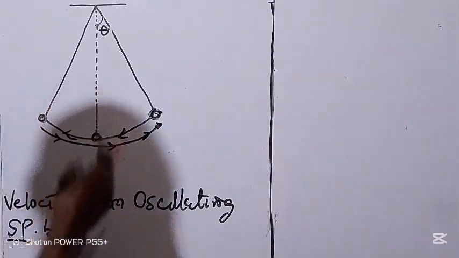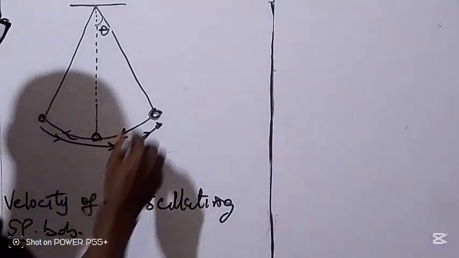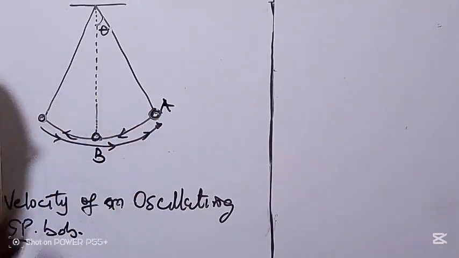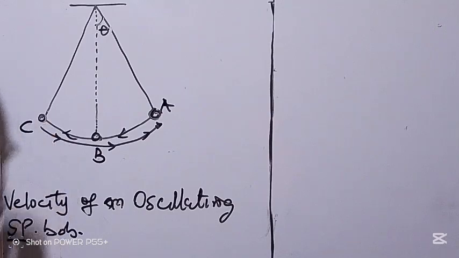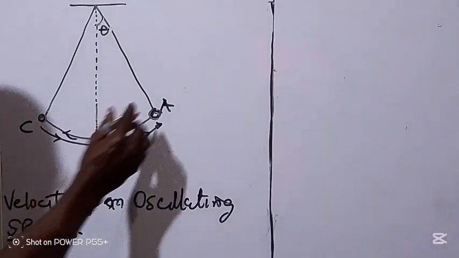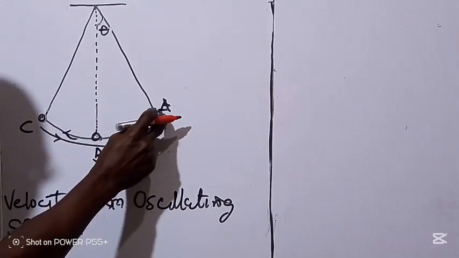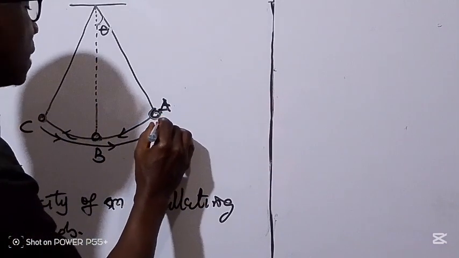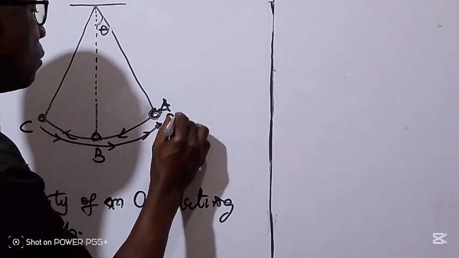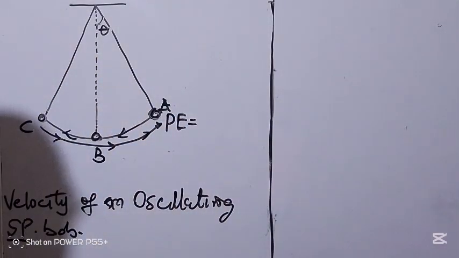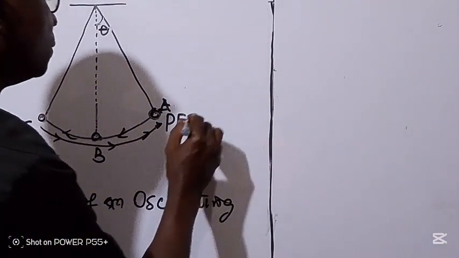Let's call this point A, B the equilibrium position, and this point C, the extreme point. If the pendulum starts to oscillate at this point, the energy here will be potential energy, and the potential energy will be equal to mgh, as we know before.